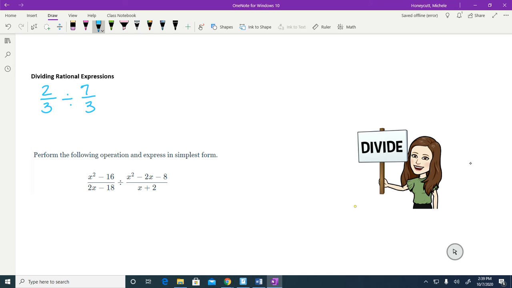The way that you divide fractions is you have to multiply the first fraction by the reciprocal of the second fraction. Now, reciprocal means that you flip it.